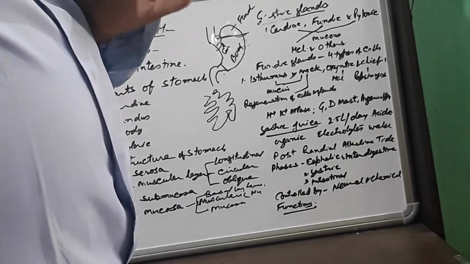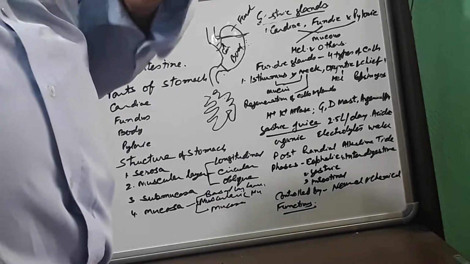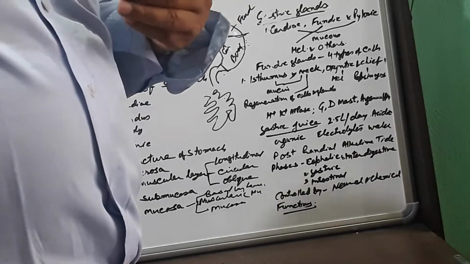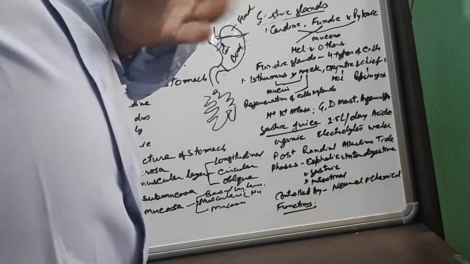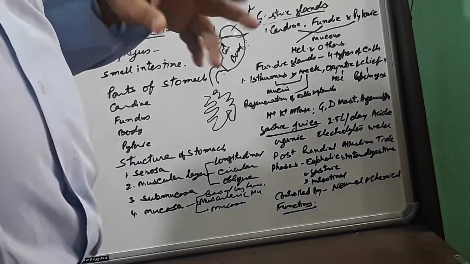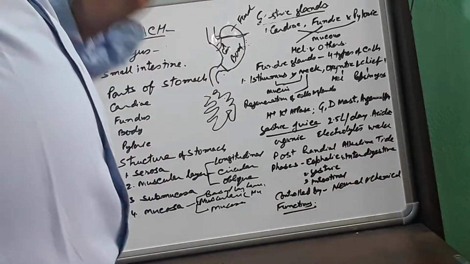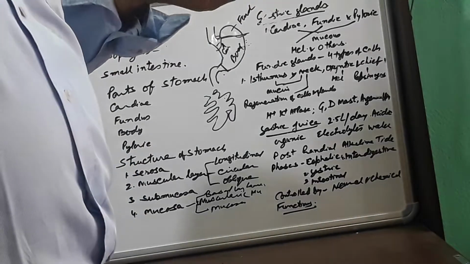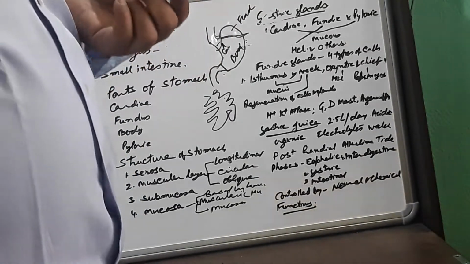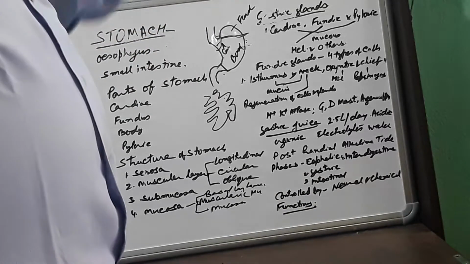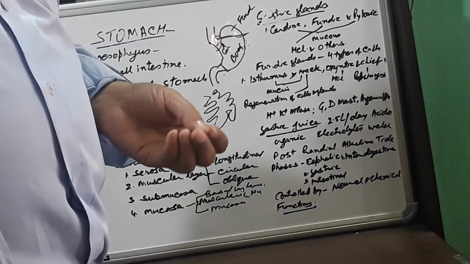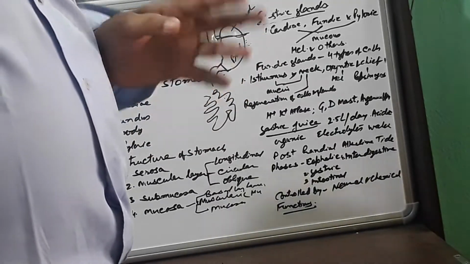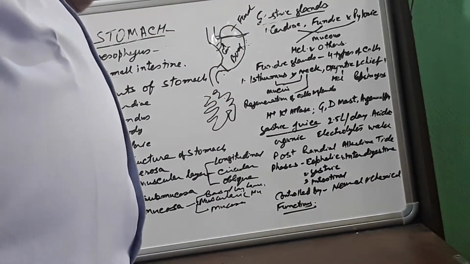When hydrochloric acid is secreted more, this causes increased bicarbonate ions in the blood, raising the alkalinity of the blood, and this bicarbonate is also excreted in the urine, making it alkaline. So this is known as alkaline tide.